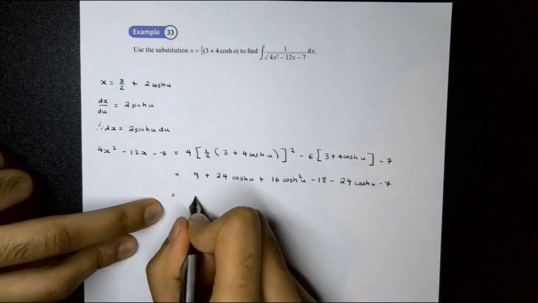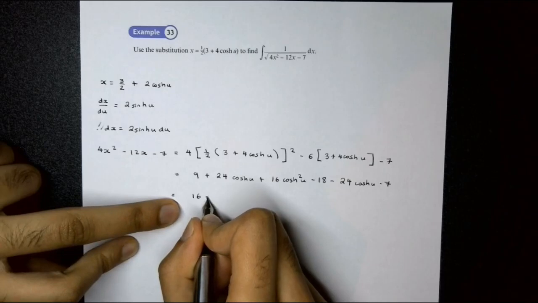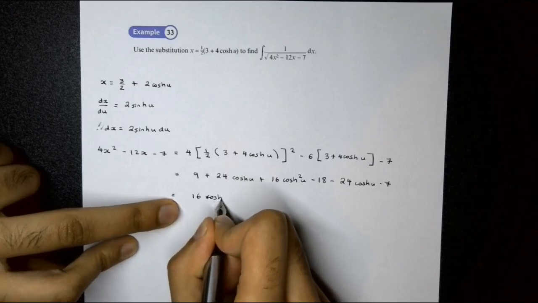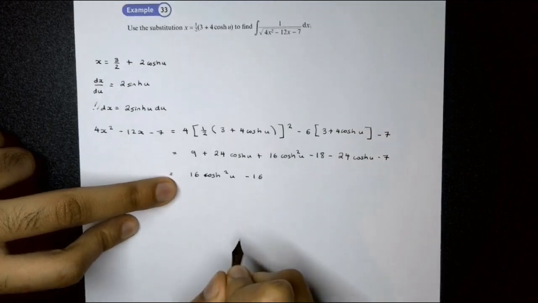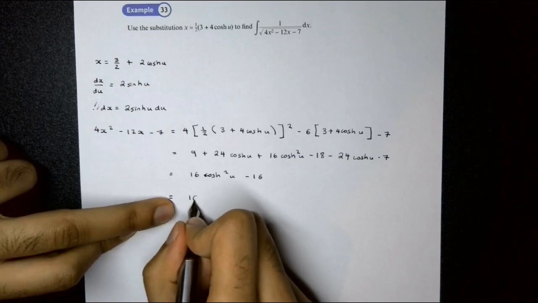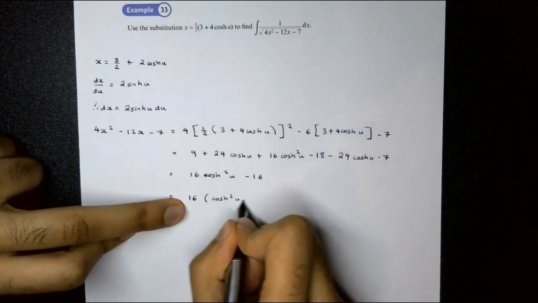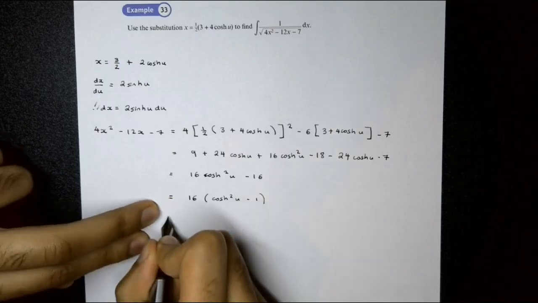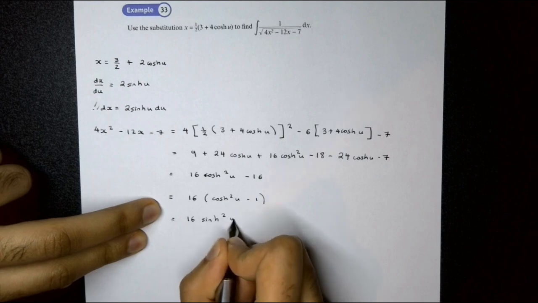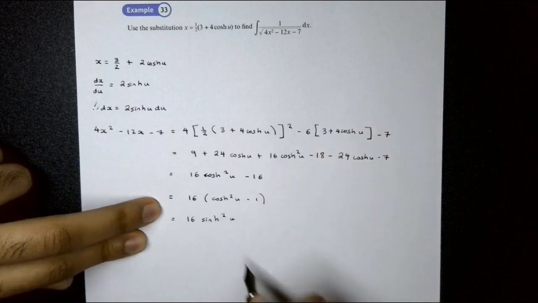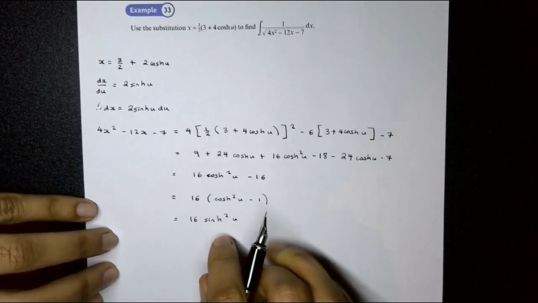And if we tidy things up, we end up with 16 times by hyperbolic cos squared u minus 16. And we can take out the 16 as a common factor, so we've got 16 lots of hyperbolic cos squared u minus 1. So here you can see we've got 16 times by hyperbolic sine squared u. So we just need to use the identities where we can, and replace everything as necessary.